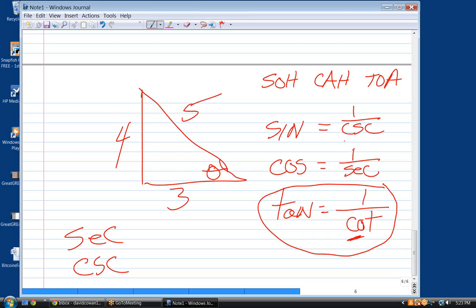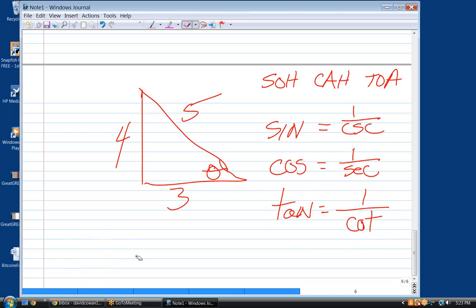Notice that every pair has 1 co in it. So that's one way to memorize. And trig is nothing if it isn't a lot of memorization. Yeah. Not that you would notice it from this first chapter. But once you get into it, it's just going to be a whole lot of memorization.